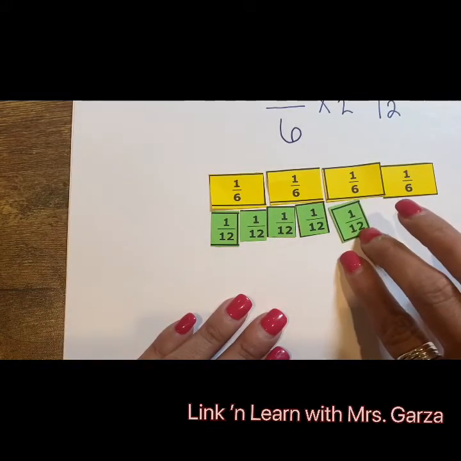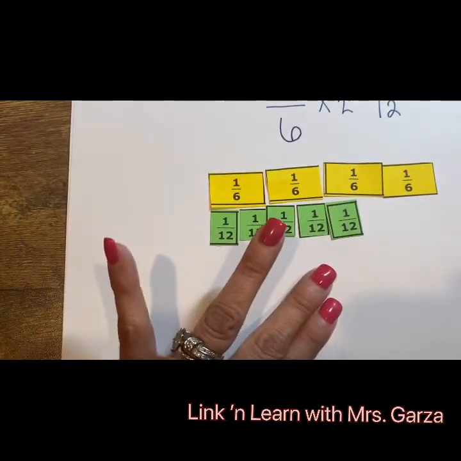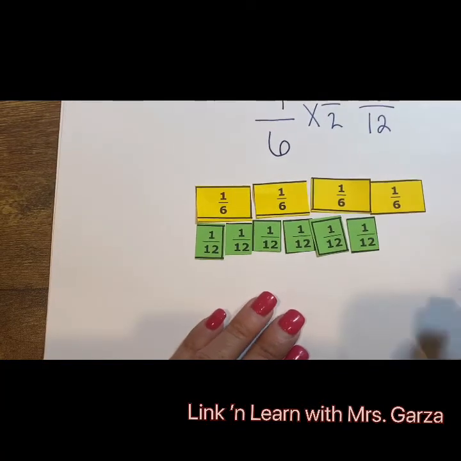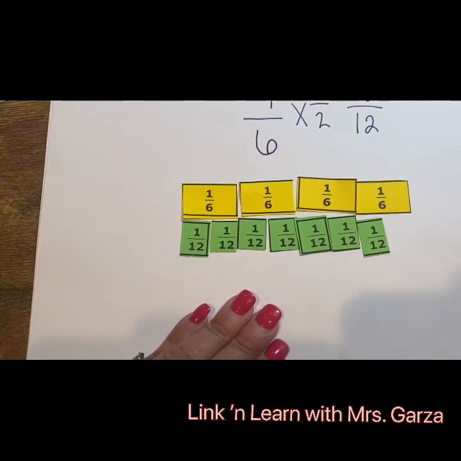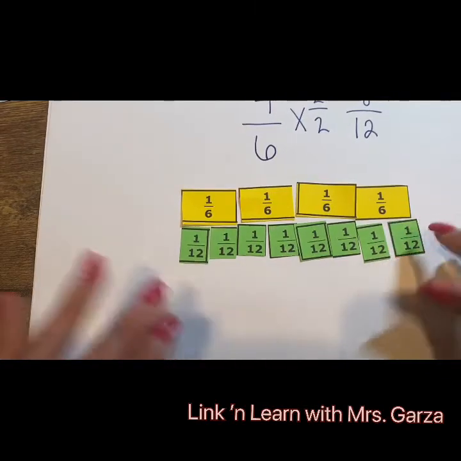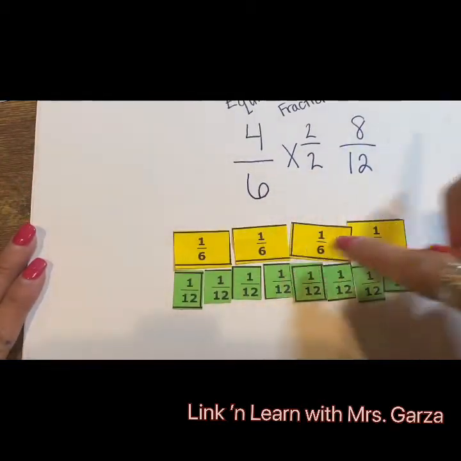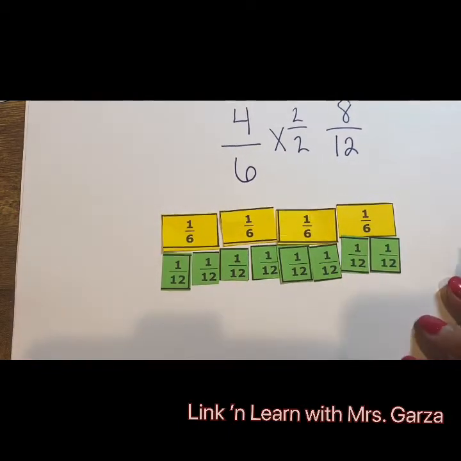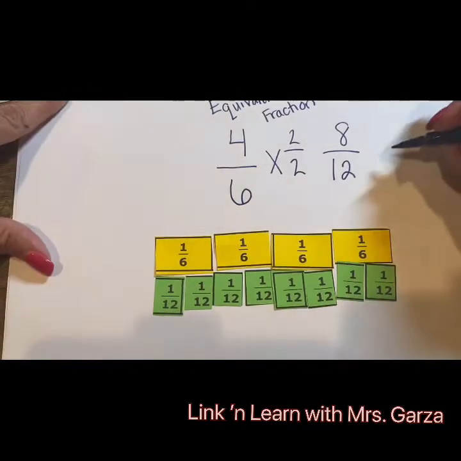Then we have 5, 6, 7, and one fell on the floor, 8/12. Now 4/6 and 8/12 look pretty equal. It's just Mrs. Garza is a little messy. So 4/6 and 8/12 are equal.